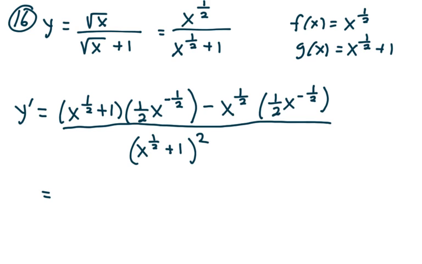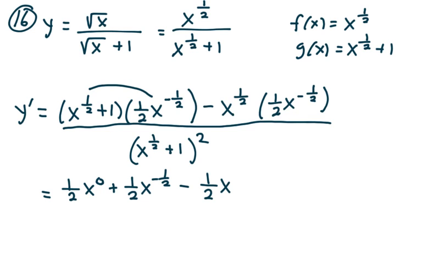So I'm going to distribute. So I get 1/2 x to the 1/2 minus 1/2 is 0, so it's 1/2 x to the 0 plus 1/2 x to the negative 1/2, like so. And then I'm going to subtract 1/2 x to the 0.